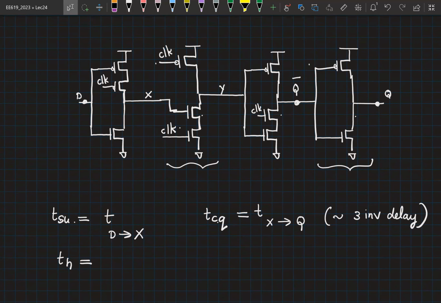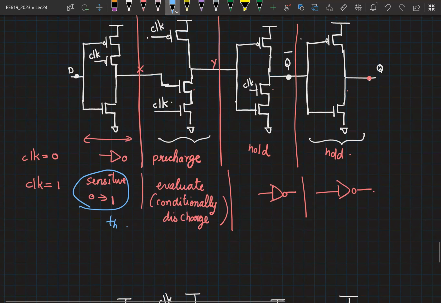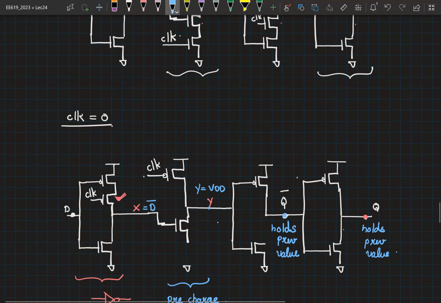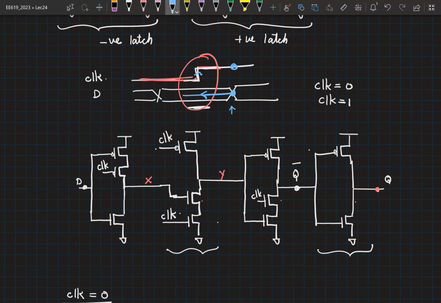So at the rising edge, we want X to reach Y correctly, right? Once X reaches Y, then we are safe. At the same time, let's assume that D is also roughly changing at the same time, which means I am now bringing this edge closer and closer to the clock.